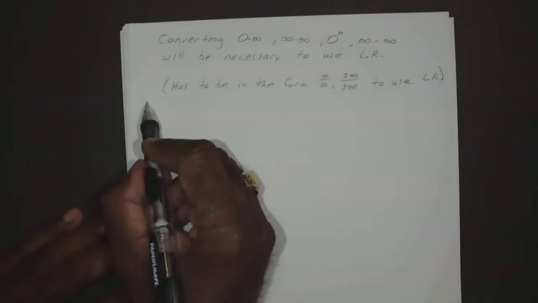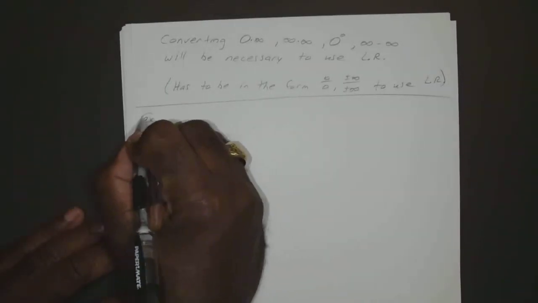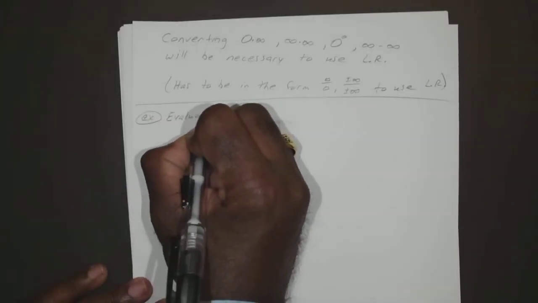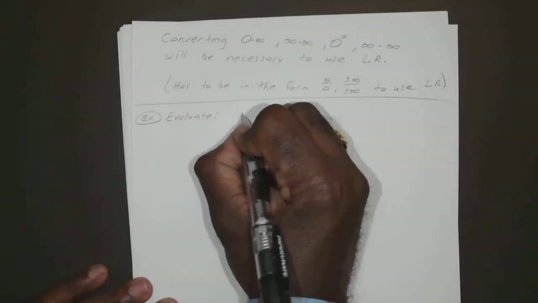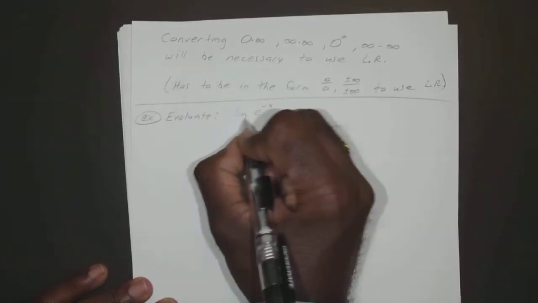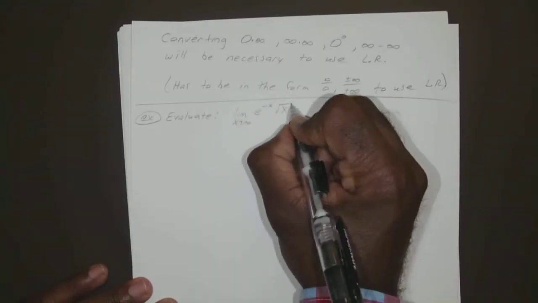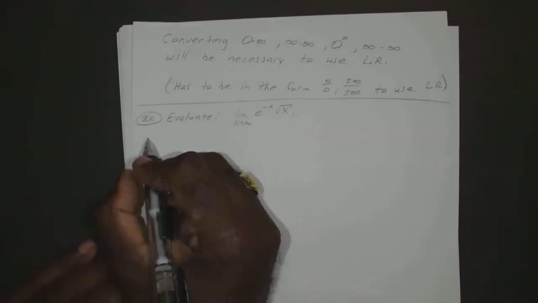All right, so let's say, for example, what if we wanted to evaluate the limit of e to the power of negative x times square root of x as x approaches infinity? Okay, so we know that e to the negative x is just 1 over e to the x.